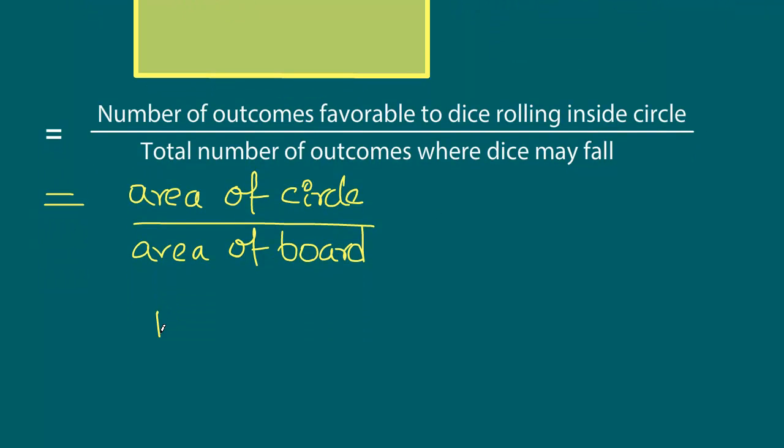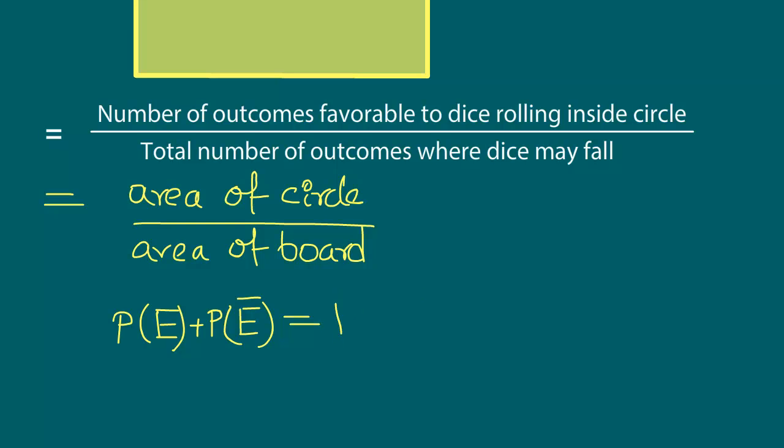If E is the event that the dice falls inside the circular region, then E dash, or E bar, represents the event that the dice never falls inside the circular region. We call them complementary events. The probability of the event plus the probability of the complementary event always adds up to 1.